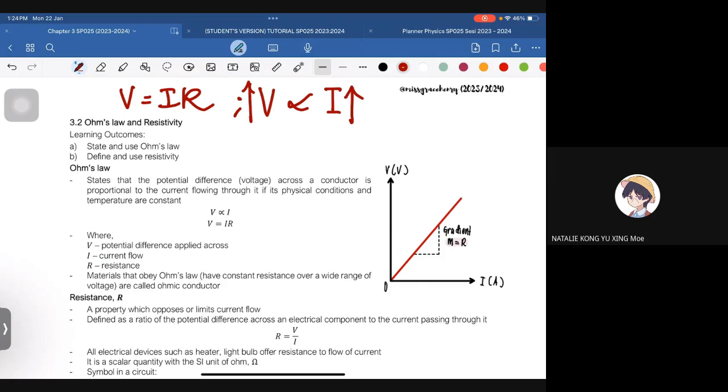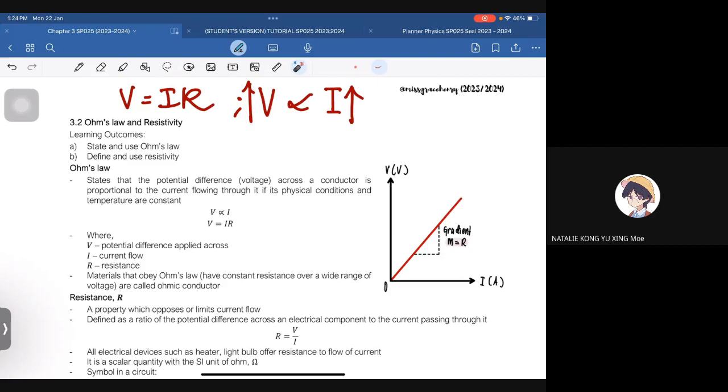Kalau physical conditions and temperature constant, meaning dia punya resistance ni constant. So kalau same wire, same length, resistance akan sama lah. Temperature pun sama, resistance pun sama. Ni Ohm's law lah.